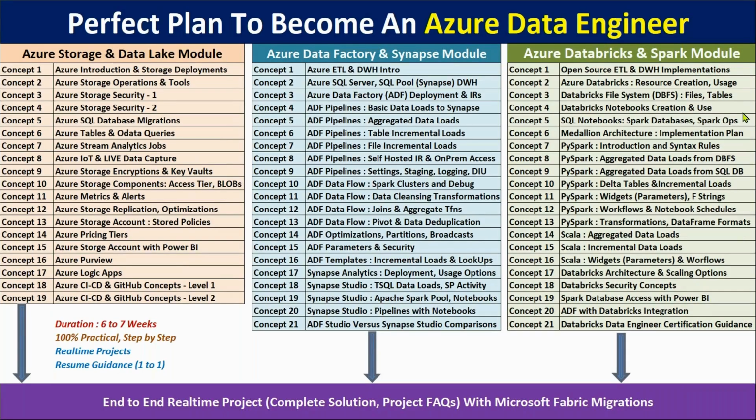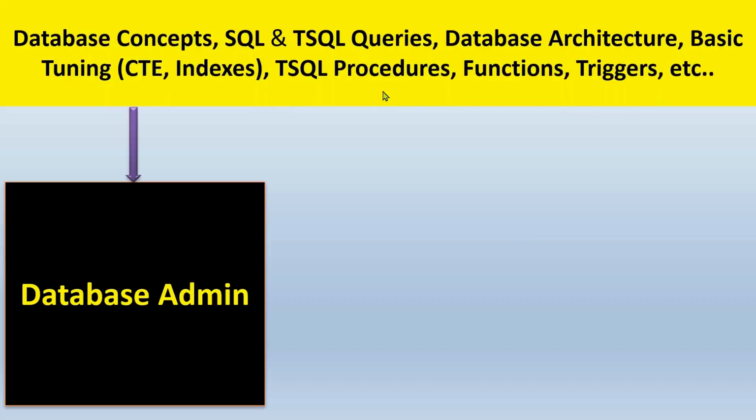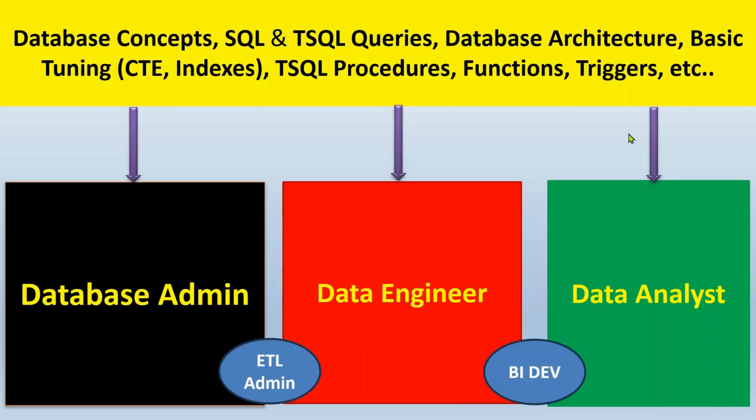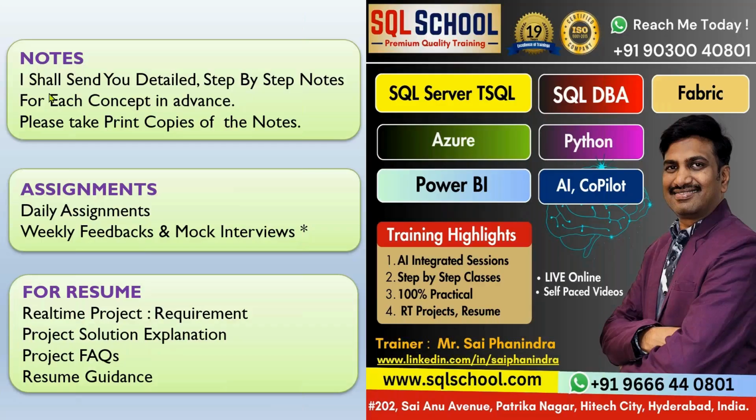It's all about ETL, warehouse, big data analytics. So let's start with SQL first. Then step into your actual job role or the resume plan next, one by one, slowly. You'll ask me about the notes, assignments, resume. I am here to guide you completely.